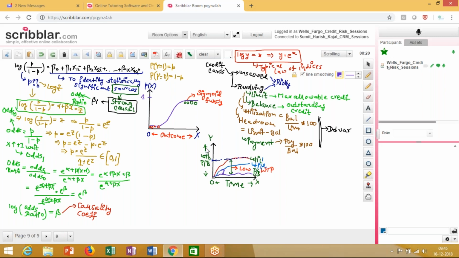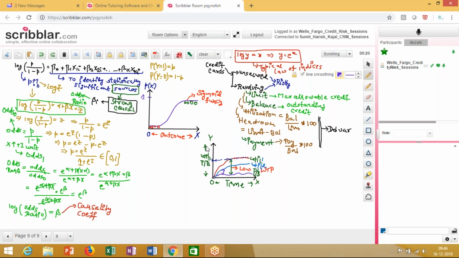Right? So this is the case when people say that a borrower with higher utilization is more risky. Now, he's only riskier if and only if his payment to balance ratio is more or less similar to the guy with the lower utilization.